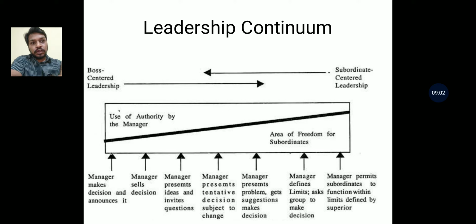Look at the bottom side of this graph, below the bold line. The area of freedom for him will be very less. And the authority of the manager's bosses, because he is a new employee, will be very high. Look at the top of this graph.